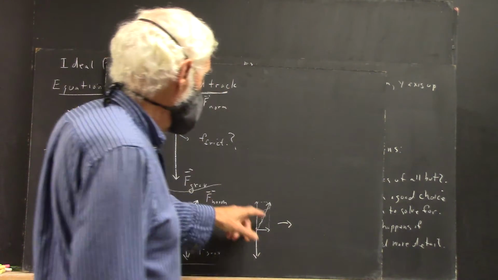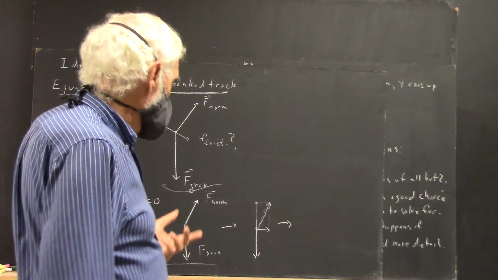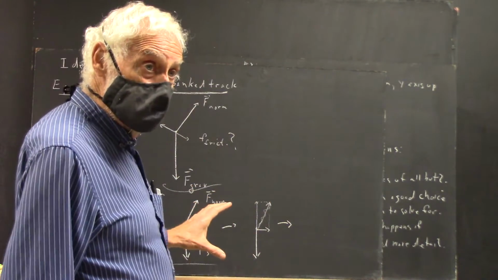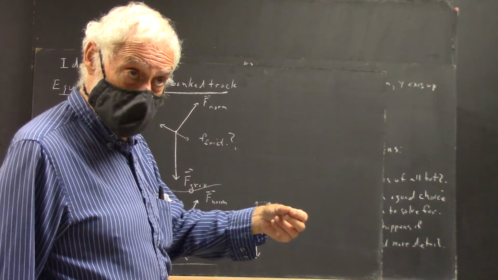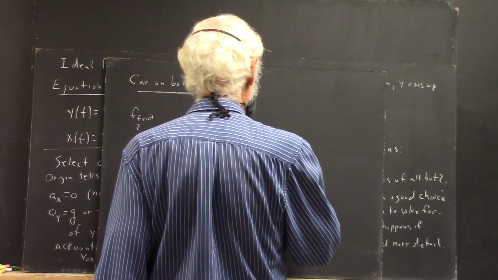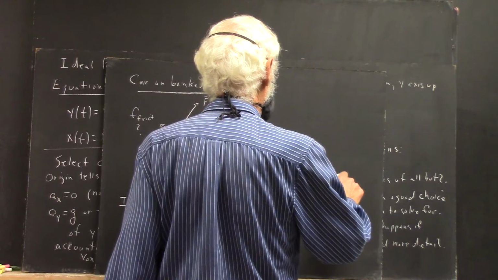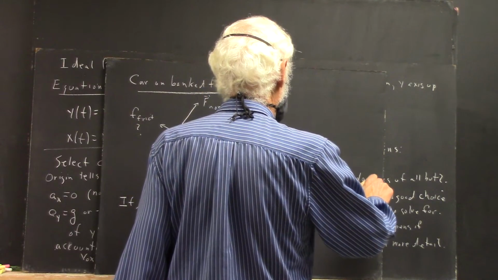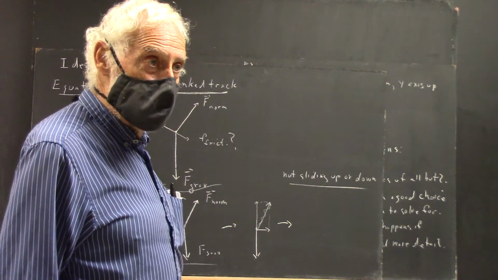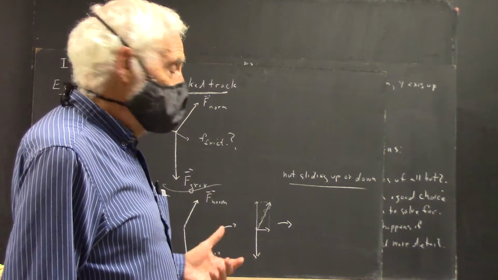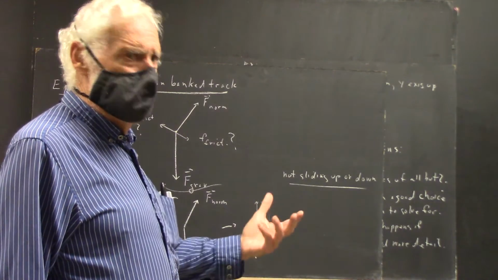Now what can you tell me about these three forces? Well, don't say anything, but if you're in equilibrium in the vertical, meaning, of course, you're not sliding up or down, that's where you want to be if you're going around a curved banked track, because accelerating up or down leads to trouble.